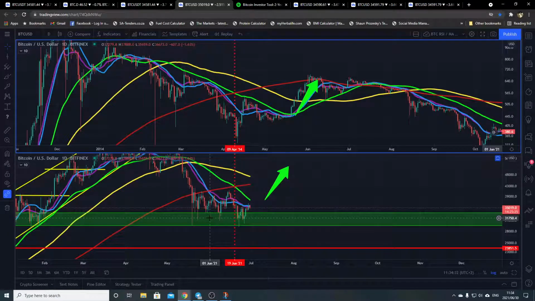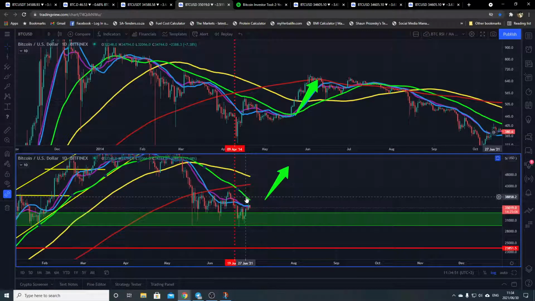Now today, what we're seeing in price action, in terms of looking at the moving averages, is the similarities that could play out very similar to what happened in April 2014. This is the 50 MA.